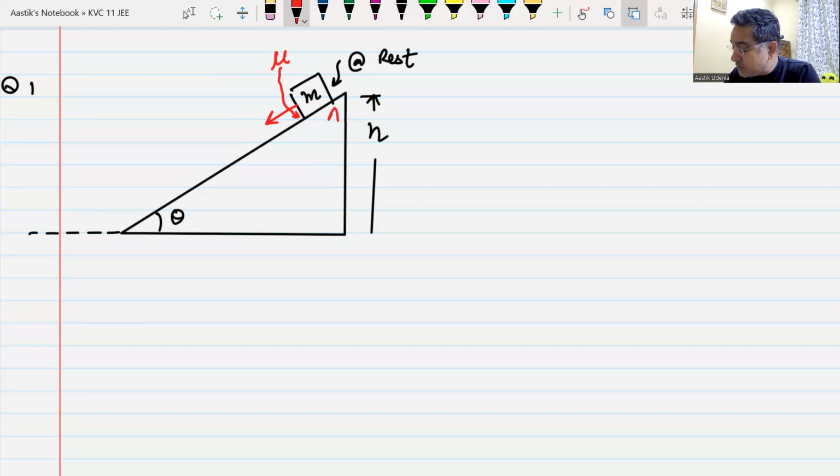If I call this position point A, when the body reaches point B, the bottom of the track, you have to tell me the velocity or the kinetic energy of the body at point B, which is the lowest point of this wedge. I will give you 2 minutes to solve this question and give me the answer fast.